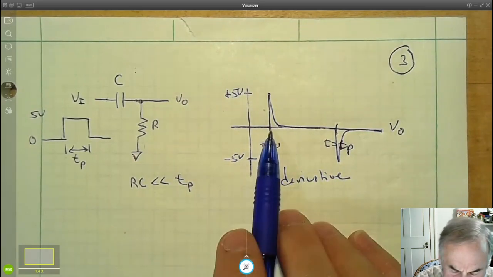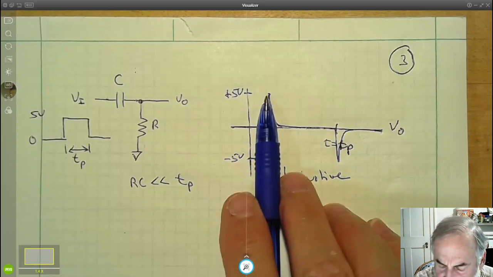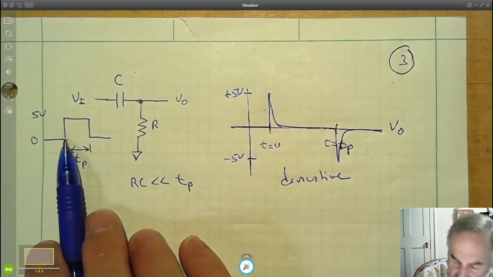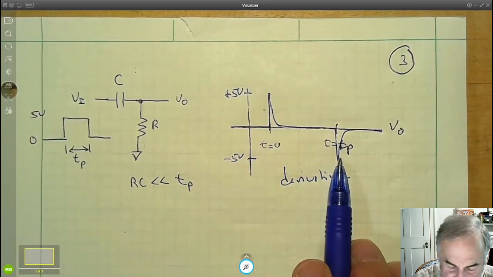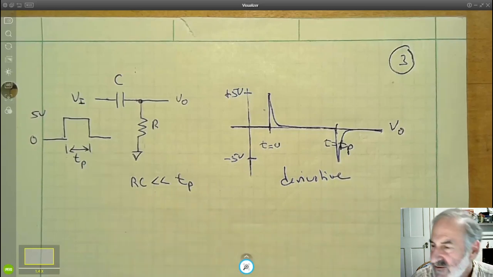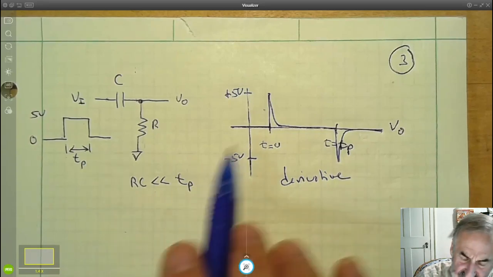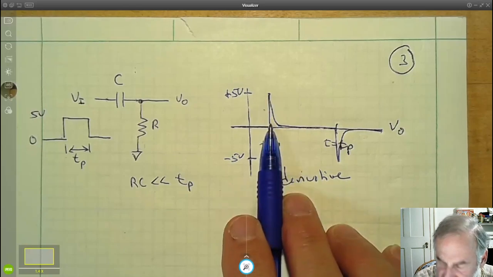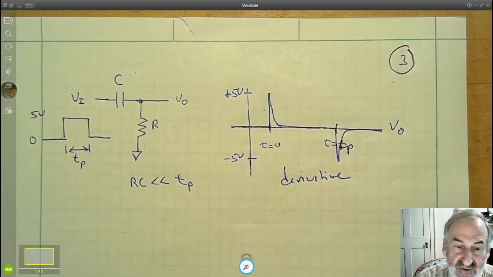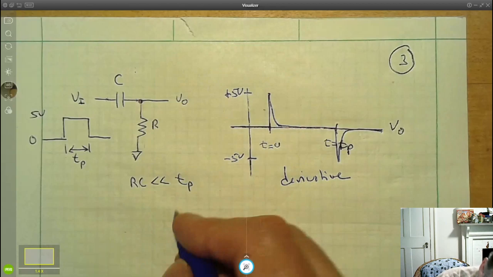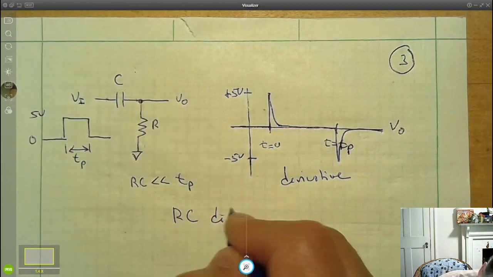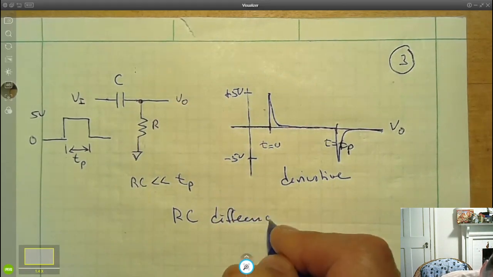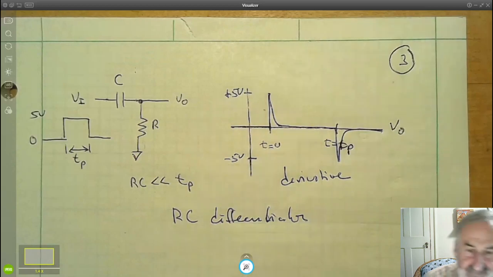Not perfect, because this should be a perfect spike for the slope of the rising edge and a perfect spike down for the falling edge. But if we make RC small enough, the amount of time this goes up and comes back down will be pretty small. It will look like a derivative. And in fact, this is called an RC differentiator.